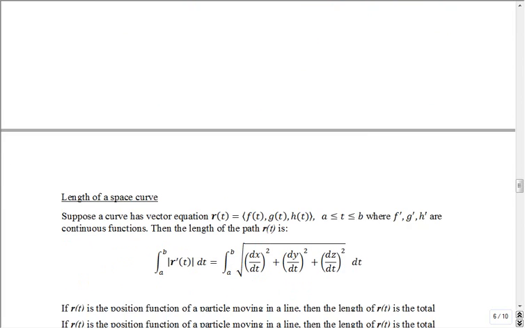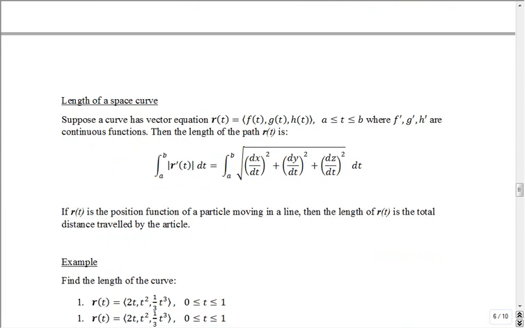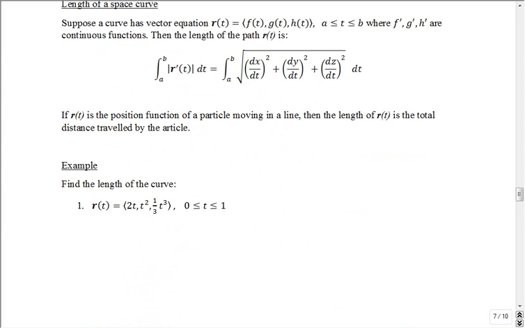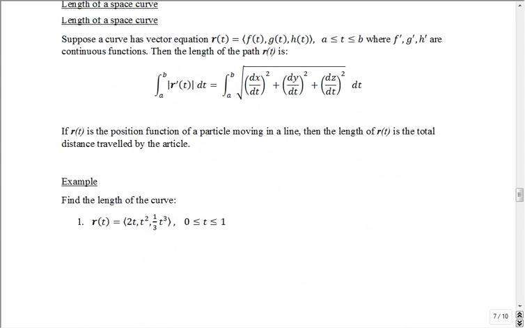So let's find the length of a space curve. Go back to Calc 2 when you were finding the length of an arc or the length of a curve. So that formula should look really familiar to you. It's similar to the formula you learned for arc length. Suppose that a curve has vector equation as follows, and t is defined between a and b.